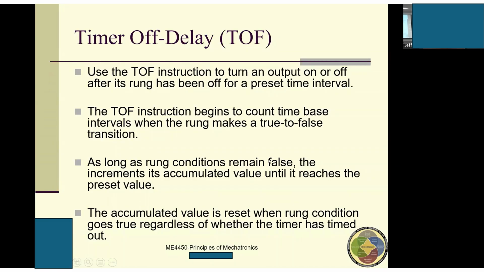As long as the run condition remains false, the timer increments its accumulated value until it reaches the preset value. The accumulated value is reset when the run condition goes true, regardless of whether the timer has come on. So TOF and TON are different, and they can be used under different circumstances.